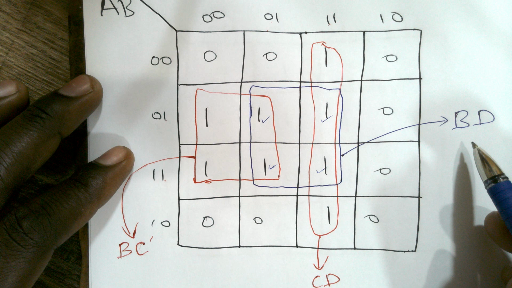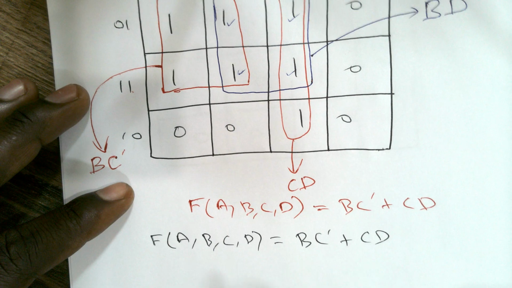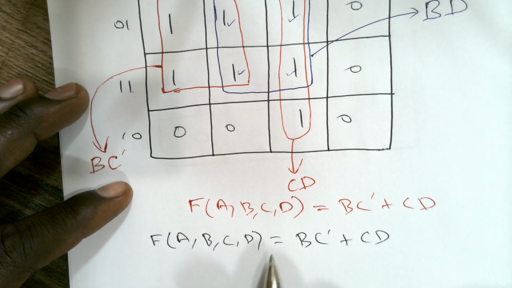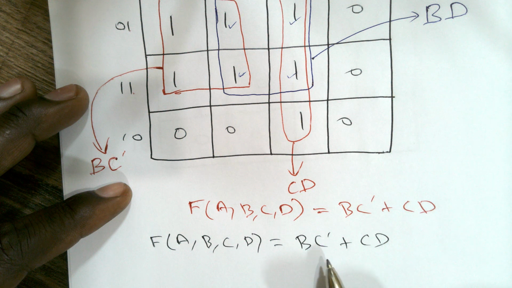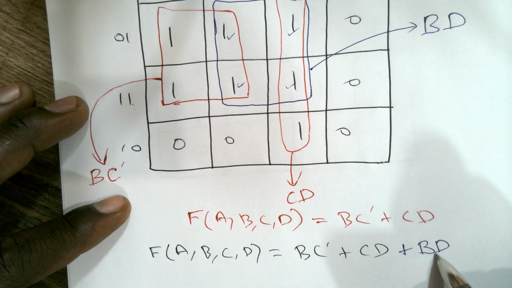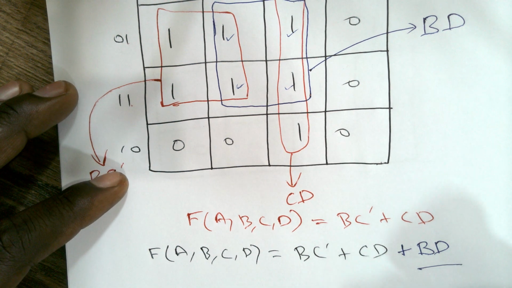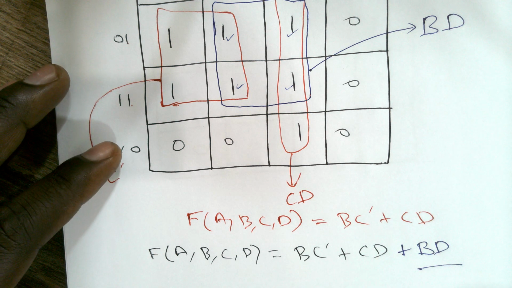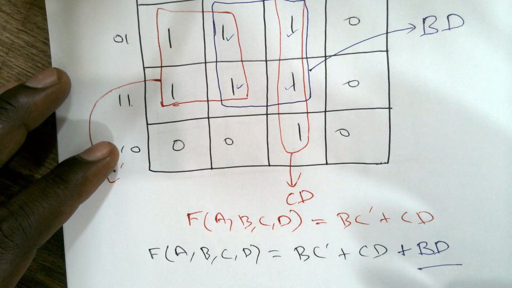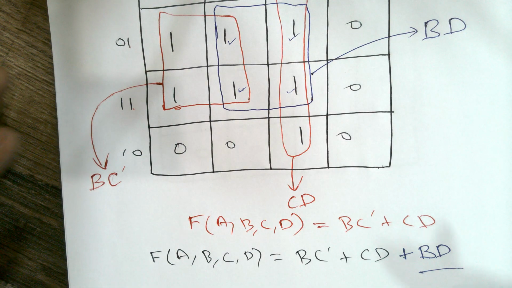We have to include that term in the expression F(A,B,C,D) = BC' + CD. We have to add the expression BD to our minimum SOP. And that term is called the consensus term. That new expression, for the new circle we use to enclose the neighboring ones that were adjacent to each other, is called the consensus term.